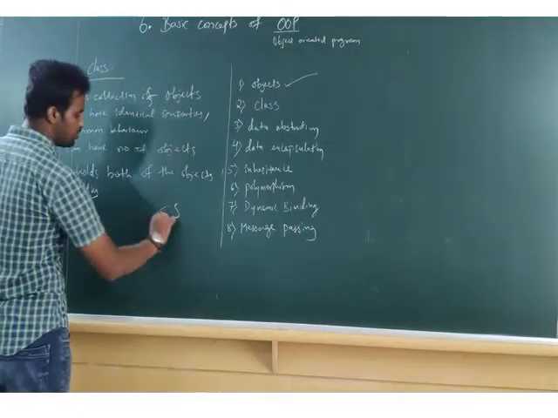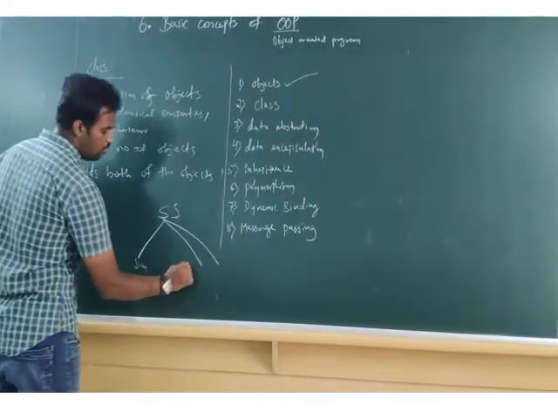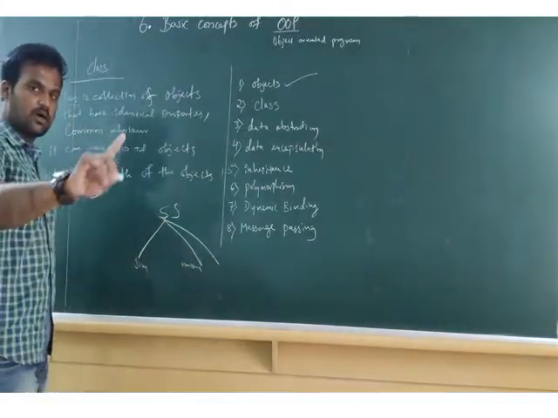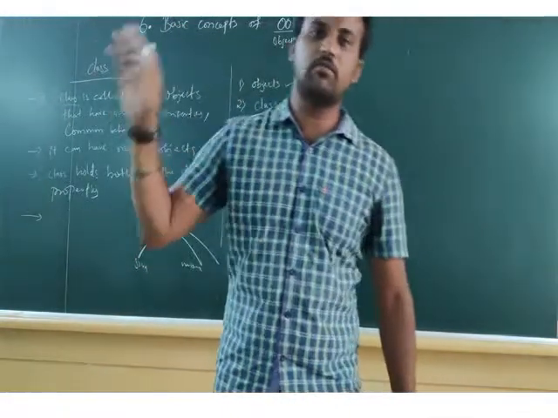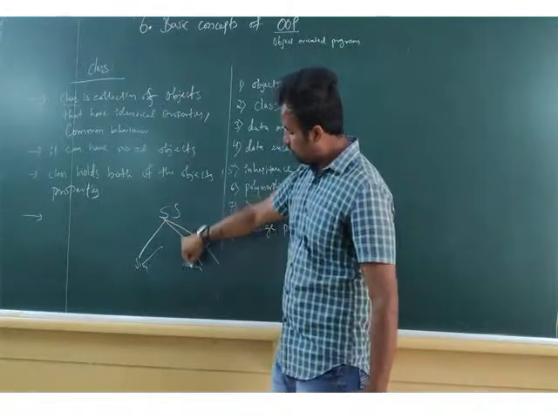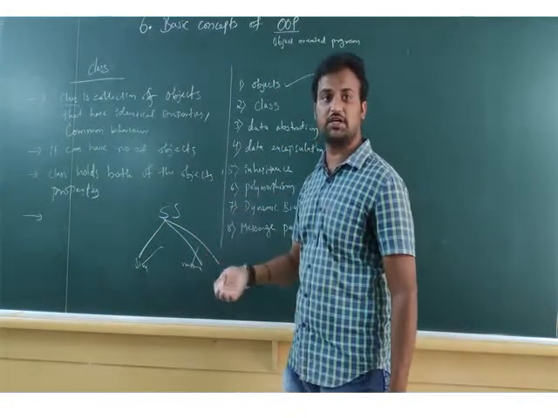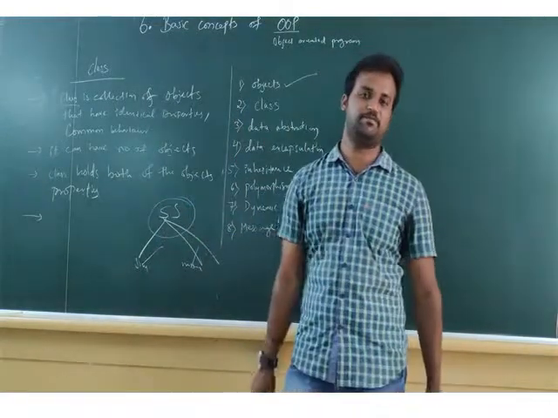Solar system is a class means sun, moon, Mercury, Venus, Earth, Mars, Jupiter, Saturn, Uranus, Neptune. These are all objects. Sun is an object, Moon is an object, Mercury, Venus, Earth, Mars are all objects that come under the class solar system.